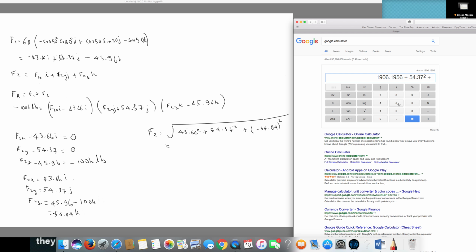I'm just going to leave it as positive, because whatever negative value you square, you're going to get a positive value, the same number.